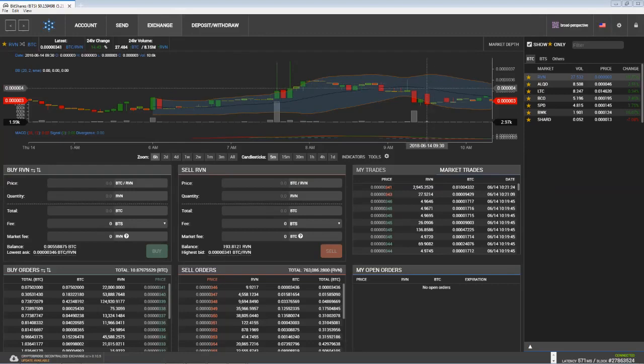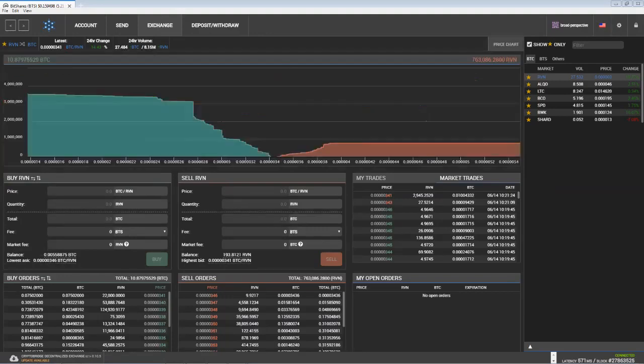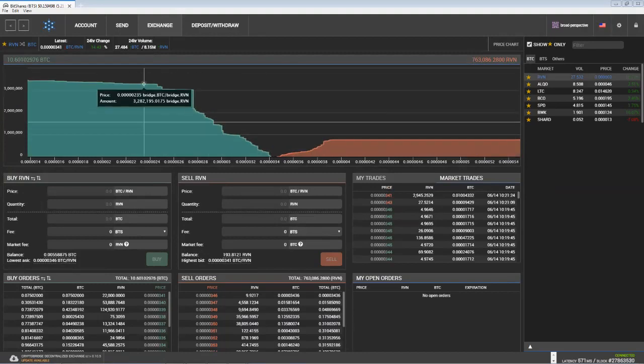So we have the price chart up here, but since we're going to be talking about market making in particular today, we want to see what the market depth looks like. We're looking at the Ravencoin and Bitcoin pair right now. Over here in green is a graphical representation of the order book.